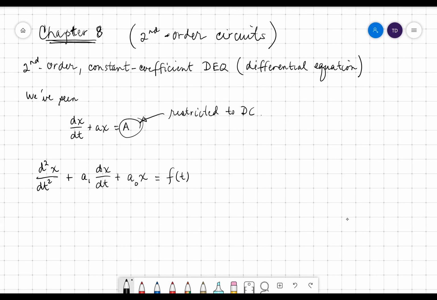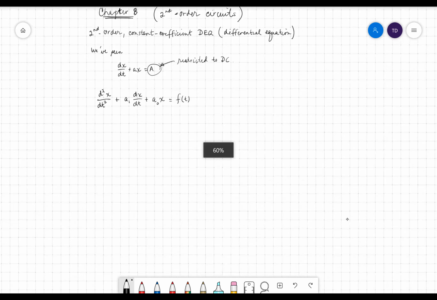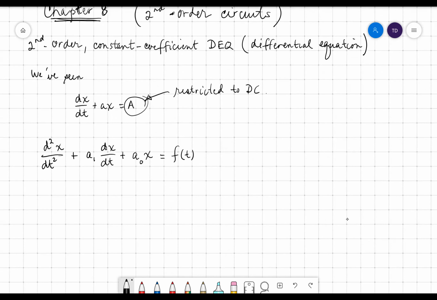Because it's cumbersome to continue to write d/dt's all over the place, I'm going to drop that notation. Those of you who have taken physics courses may have recognized this notation, which is used when derivatives are with respect to time. So a time derivative can look like the following: x double dot plus a1 x dot plus a0 x is equal to f of t.